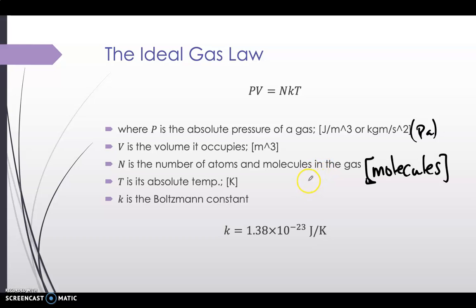It's like counting. And then we want to make sure our temperature is in Kelvin, our SI unit there. And k is the Boltzmann constant, and this equals 1.38 times 10 to the negative 23 joules per Kelvin.